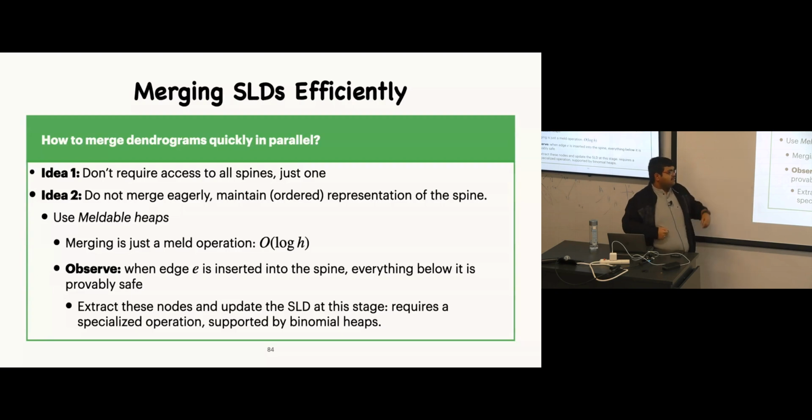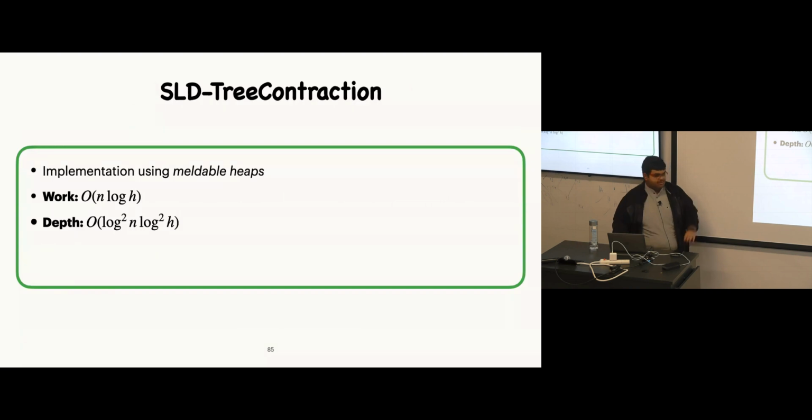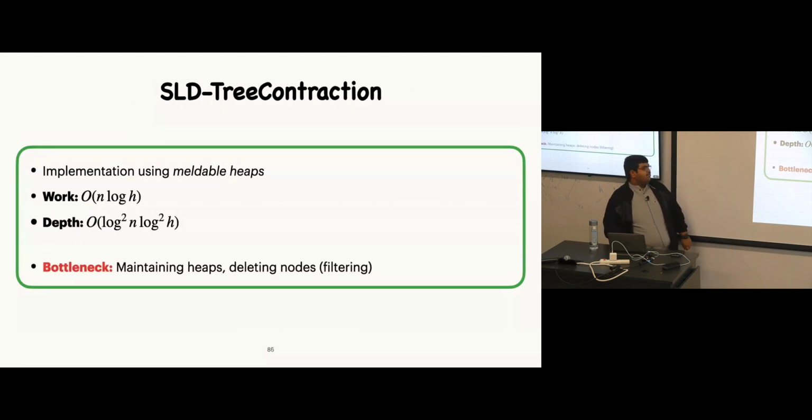So whenever we add edge E to the spine, we look at all nodes whose weights are smaller than it, remove those, and since they are part of a contiguous spine, just update the parent pointers at that time, right? This operation can be performed by a variant of binomial heaps, in low depth. So this is the overall algorithm and the running time.